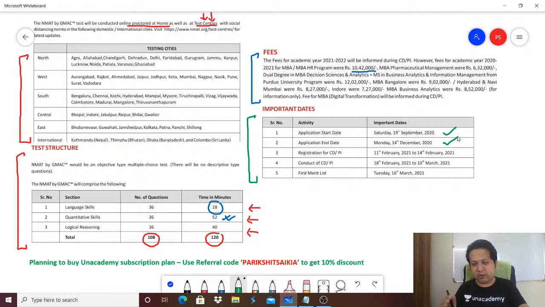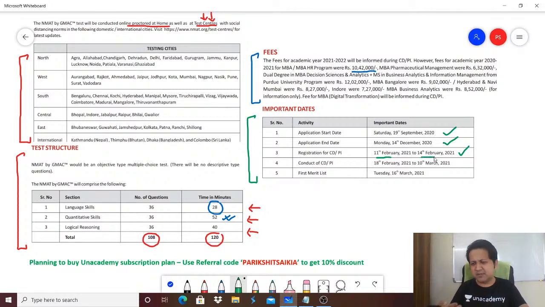So 2200 fees plus taxes for the application, plus a separate registration needs to be done for the NMIMS Bombay campus. Then if you get shortlisted, you will be called for the interviews and the case discussions, which are scheduled from February 11 to 14th of February.